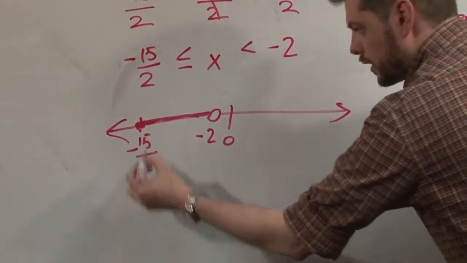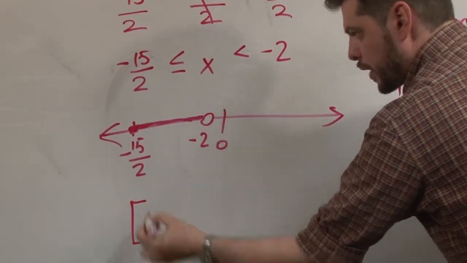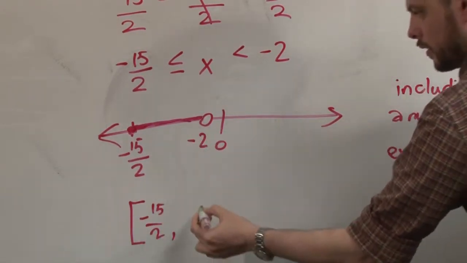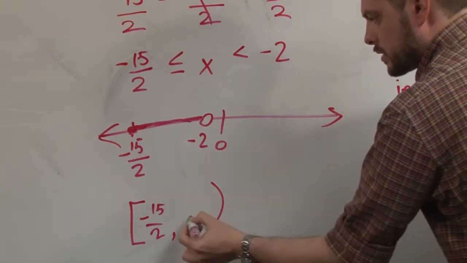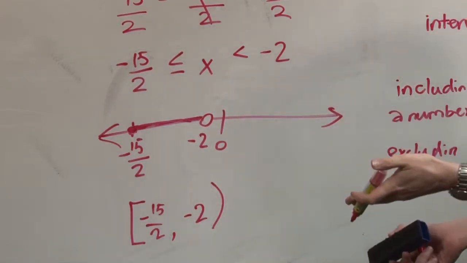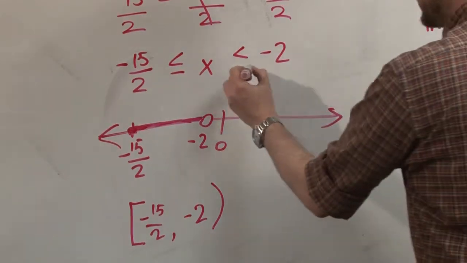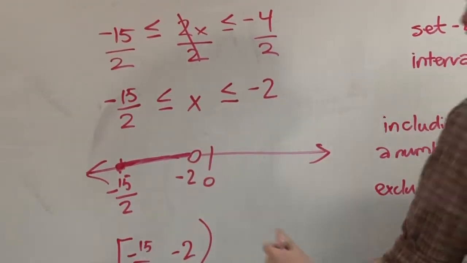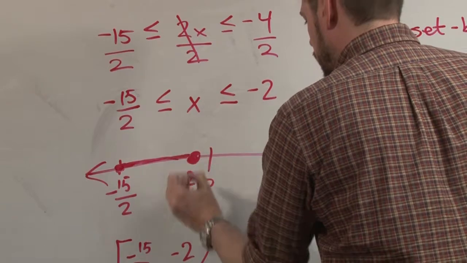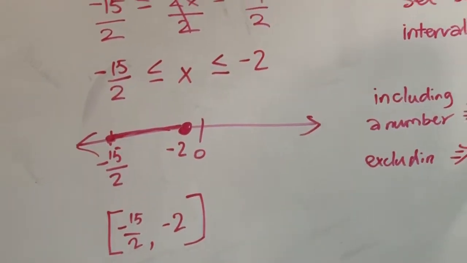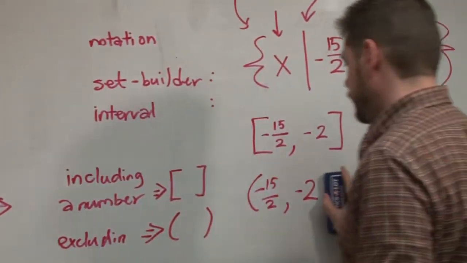Then I make sure that I use my left bracket for my include here and my right parenthesis to exclude my number. That's how you would write that in interval notation. Okay. In our original solution, though, we just had two things that we needed to include. So our interval looks like this. Interval notation looks like this. Okay.